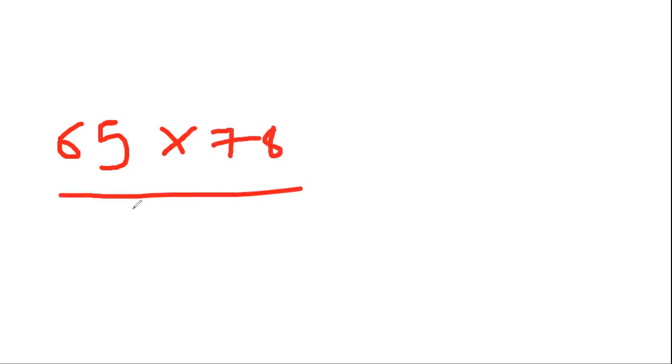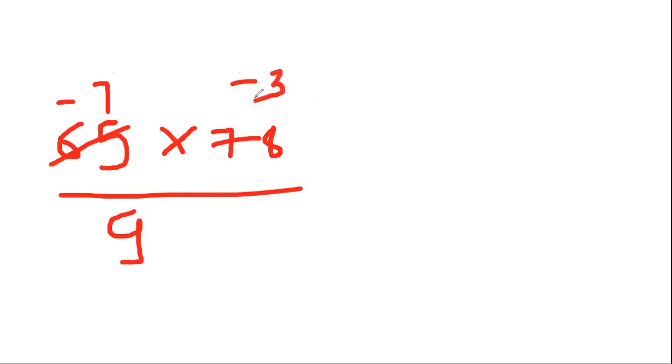Okay. Let me solve this by taking the same example but with different remainders. Suppose 65 into 78 divided by 9. This time I'm picking the negative remainder. So 9 8s are 72, so the remainder is minus 7. Also, 9 9s are 81, and I'm picking again the negative remainder, which is minus 3.